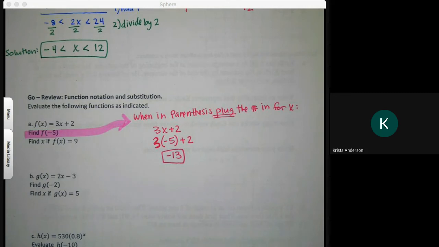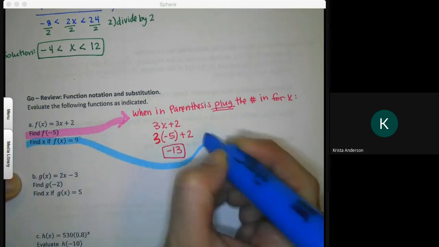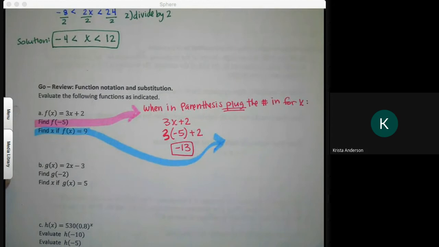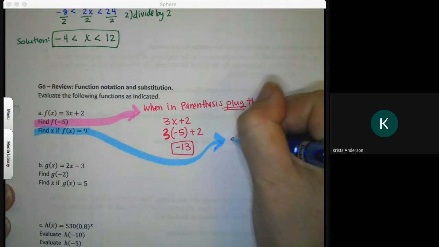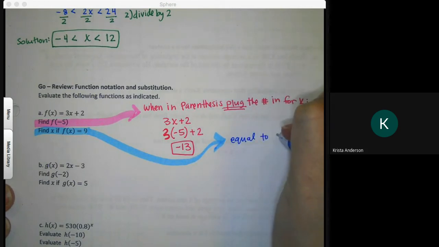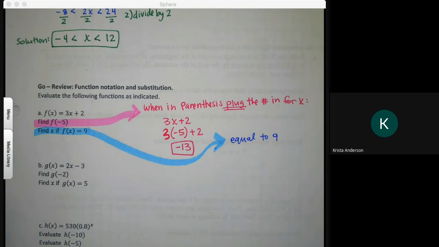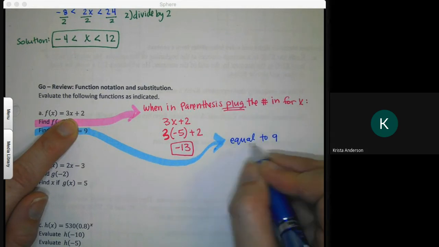Now the tricky part is when they don't give it to you in the parentheses. This one, it says it's equal to 9. When it says it's equal to a value, we do not plug in. It's not in parentheses. I'm not plugging it in. What I do is I take the equation and set it equal to 9.